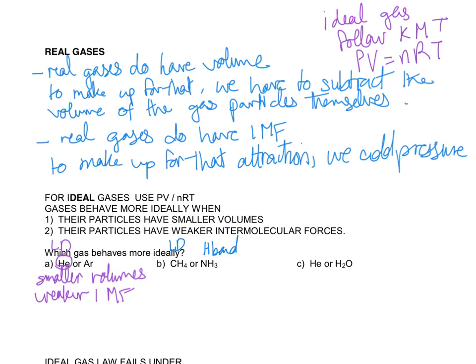So their intermolecular forces are significantly different. And so based on that, I would pick CH4 as behaving more ideally because it's significantly weaker in its intermolecular forces. Their volumes are somewhat comparable, but in intermolecular forces there's a big, big difference.